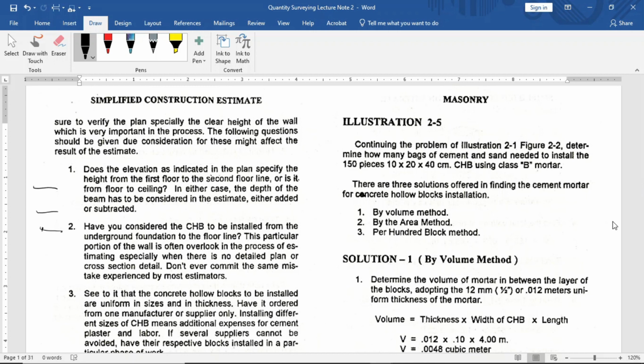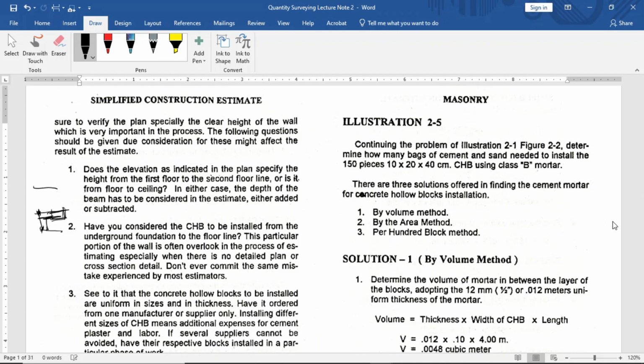So, kung naka-indicate ba na from the first floor line, ito yun, first floor line, hanggang second floor line yung height natin, yung naka-reflect sa plano natin. Or, is it from the first floor line o hanggang ceiling lang? For example, hanggang dito lang yung ceiling natin, kailangan dapat mapakita yon. Tapos, kung ganun yun, kung sa ceiling, dapat mapakita natin yung depth ng beam.